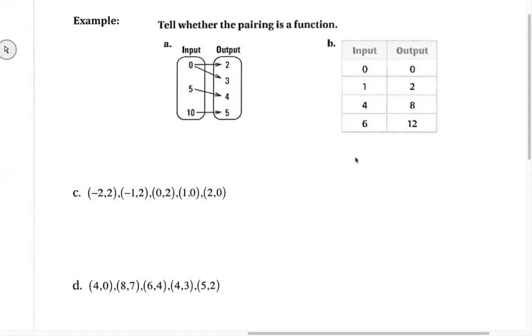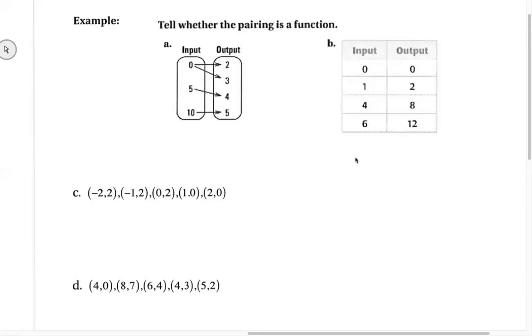Up there, we're talking about input, right? And output. So let's find those words. Input and output. Which one means the same thing as domain? Input or output? Input. So when I say domain, even though we only have input and output, you need to know that domain is talking about the input.